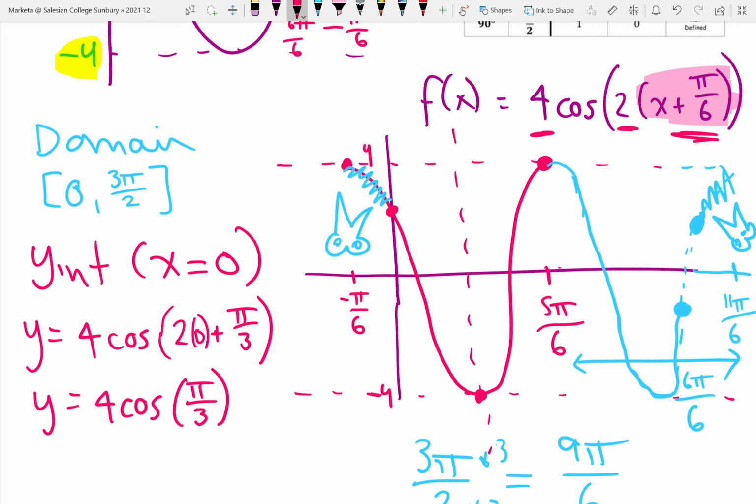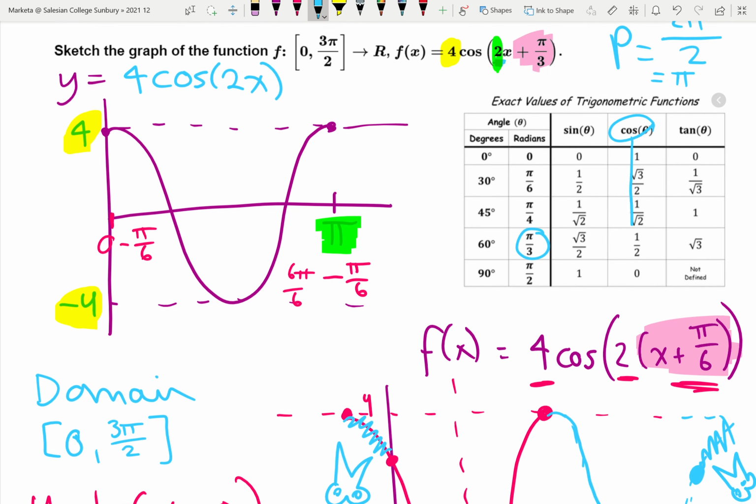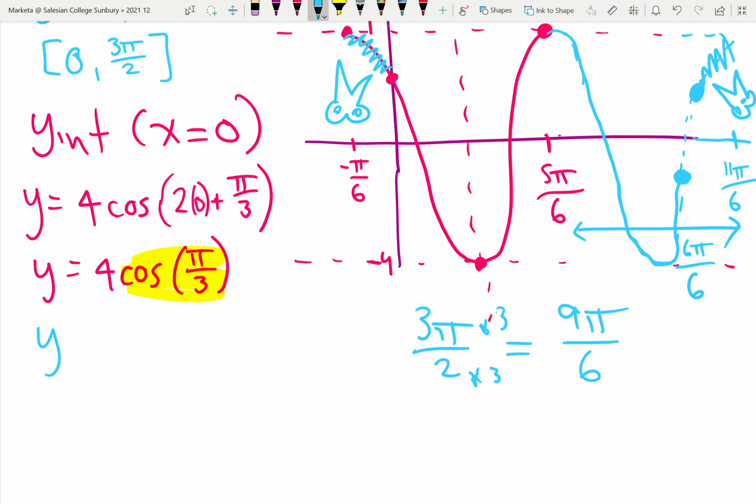Now this is where you need to use the table of exact values, and like BODMAS, we know that more important than multiplication is cos or sine. So cos of pi on 3, we look, here is pi on 3, here is cos, where they meet, it's half. So that equals half. So we've got y equals 4 times half.